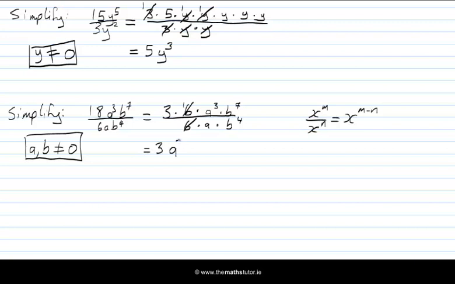The a is now to the power of 3 minus 1. Remember, the a on its own here is just a to the power of 1. And b is taken to the power of 7 minus 4, because we have the 7 here and the 4 in the denominator. So that gets us 3 times a squared times b cubed.